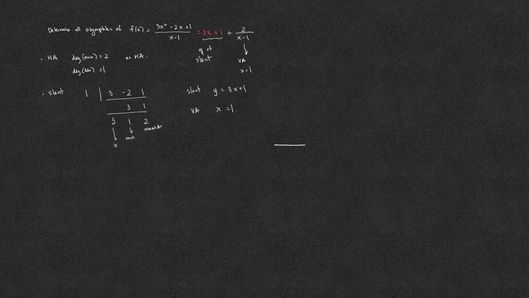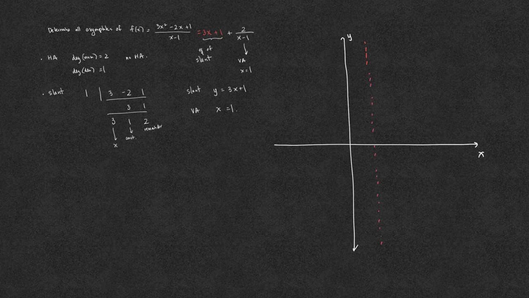we have a vertical asymptote at x equals 1. Usually, the vertical asymptote is not shown on the graphing calculator. We will have to put it in manually. The vertical asymptote in this case is x equals 1. We usually use a dotted line or dashed line for the asymptote.